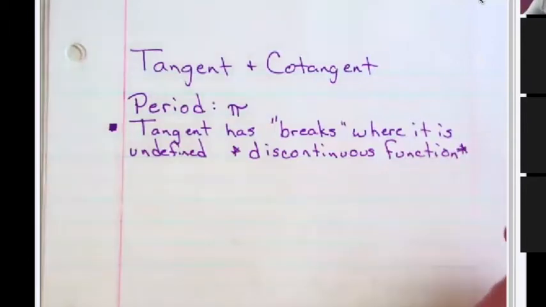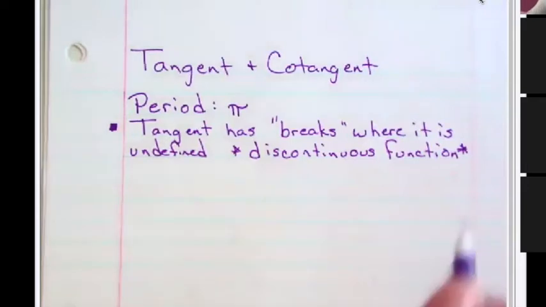So our sine and cosine graphs were continuous. You could use your pencil or your pen and you could follow that wave all the way across your paper forever and ever in both directions and not have to pick up your pencil. For this one, where it has undefined places, it's discontinuous. We're going to have to trace a part and pick up our pencil and trace a part and pick up our pencil over and over again.